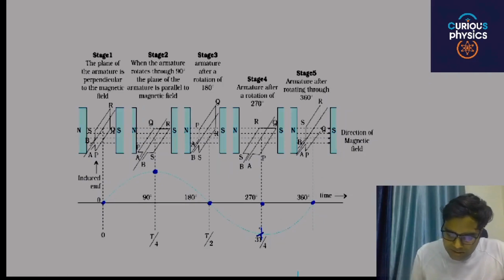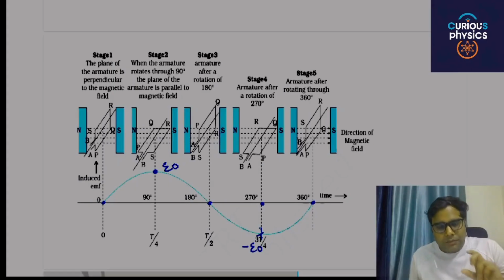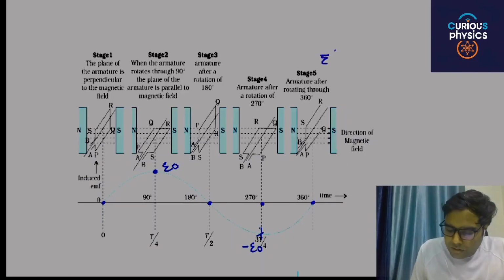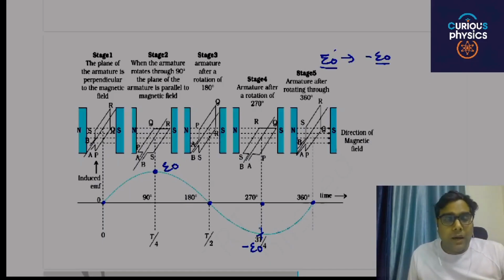So this is E naught and this is minus E naught. Meaning to say that this angle is continuously changing, and the values of induced EMF vary between E naught and minus E naught.